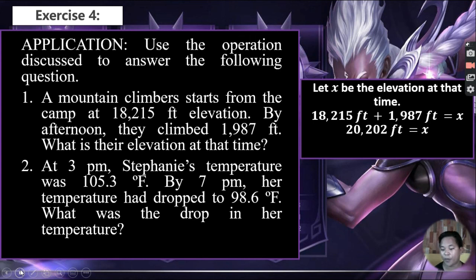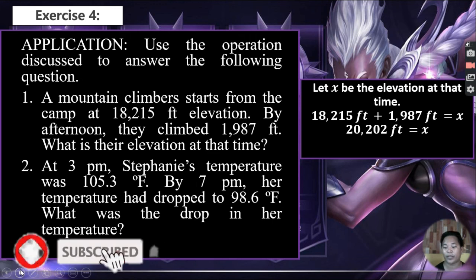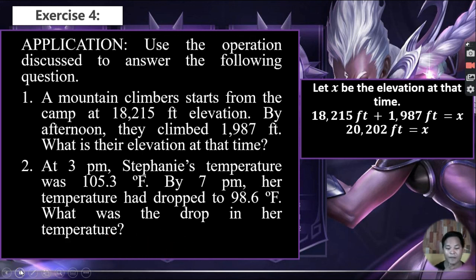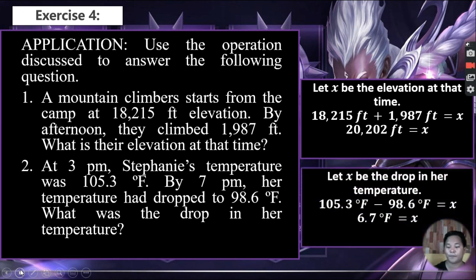What is the operation to be used? If we analyze the problem, what was the drop in her temperature? We're going to use subtraction to find the drop in temperature. So, let's have the solution.